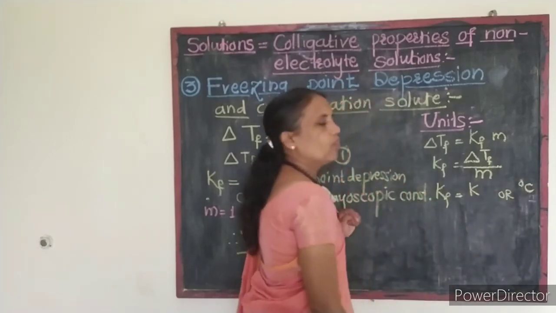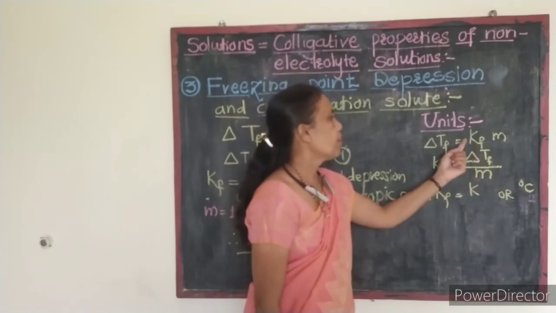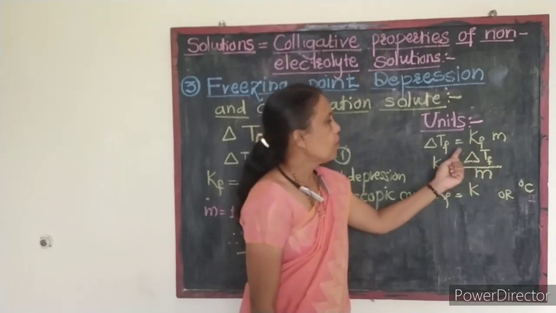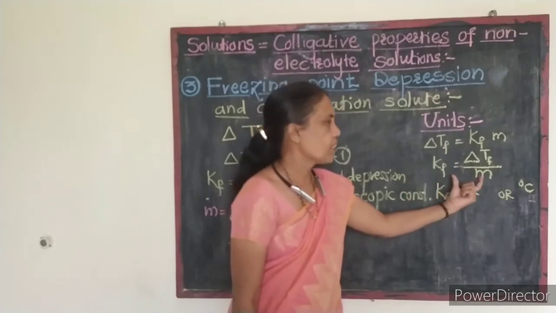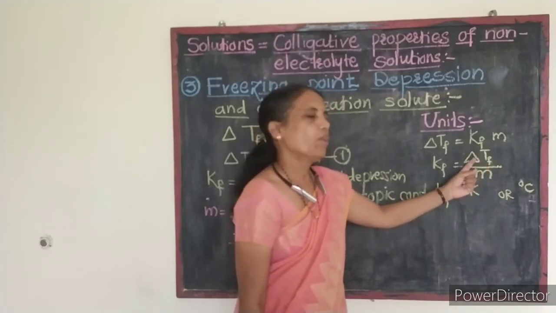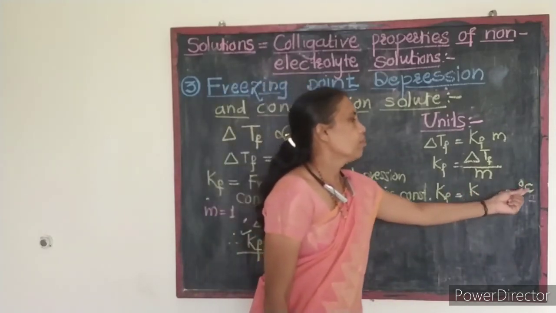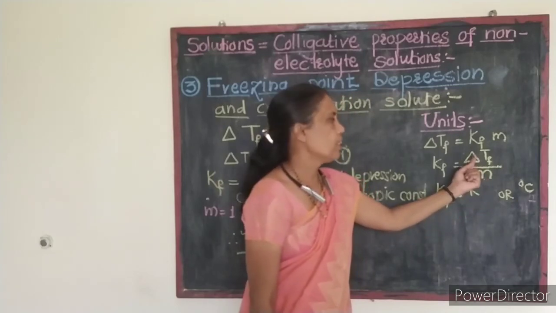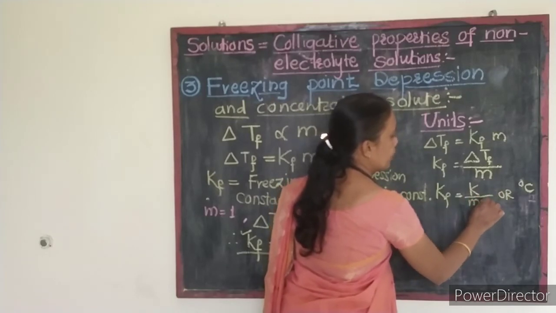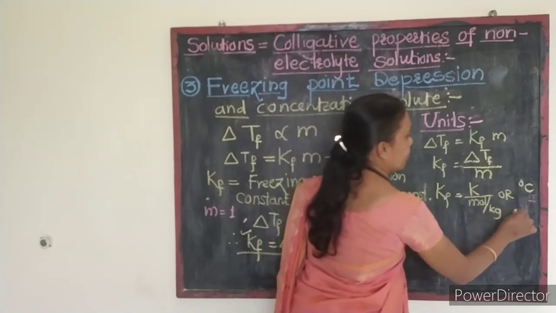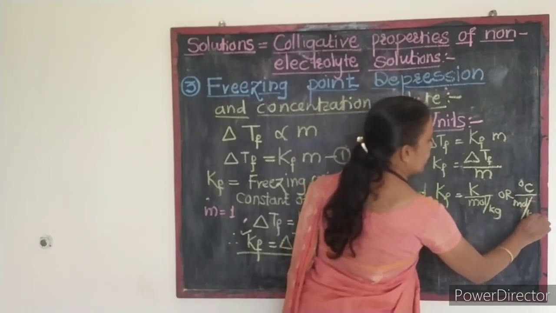In last video we discussed about this, because delta TF असू दे किंवा KF असू दे हे दोन्ही टेम्परेचर डिफरन्सच्या रिलेशन मध्ये येतं, त्यामुळे व्हॅल्यूवर फरक होत नाही. तुम्ही 273 ऍड करून डिफरन्स काढा किंवा न भरता काढा, difference will be same. त्यामुळे केल्विन मध्ये घेतलं काय, डिग्री सेंटीग्रेड घेतलं काय, युनिट फक्त बदलेल, ती व्हॅल्यू बदलत नाही because there is difference in temperature. Here unit of M is mole per kg.